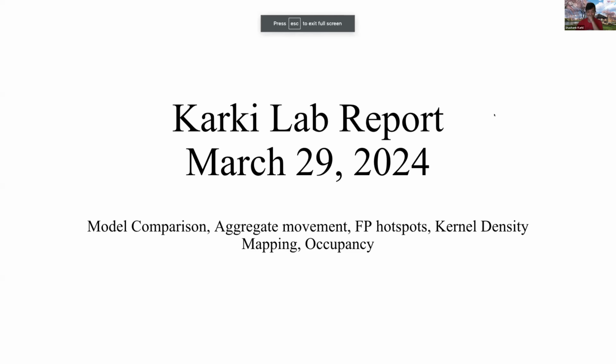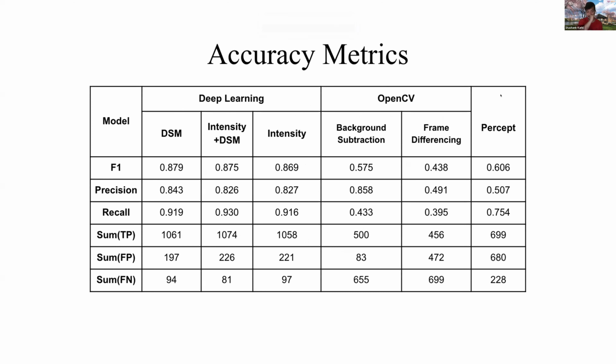Can you see my screen? I have a pretty short one this week. So, update from last week: I've been able to make all the models finish up, and I validated all the results, and I've got the scores for everything. Going down the list, deep learning is performing the best, and I think Percept is second.